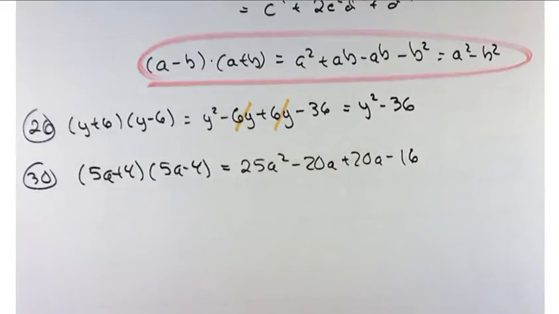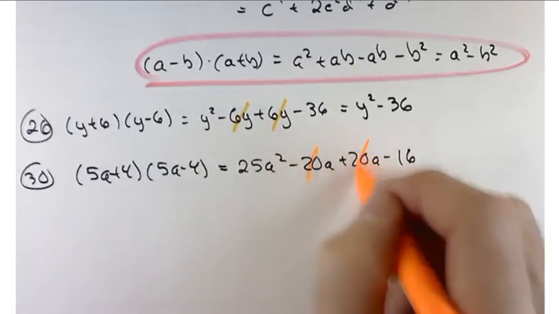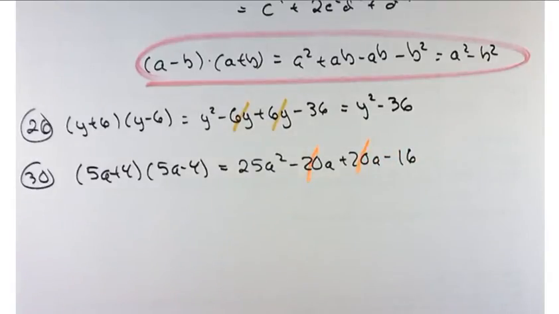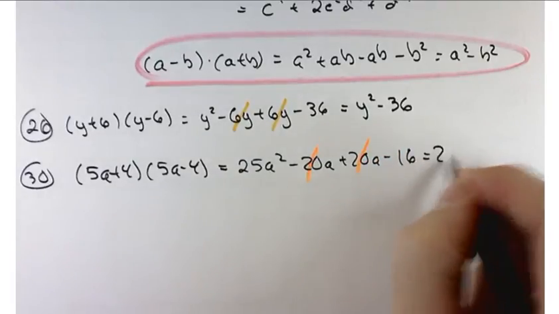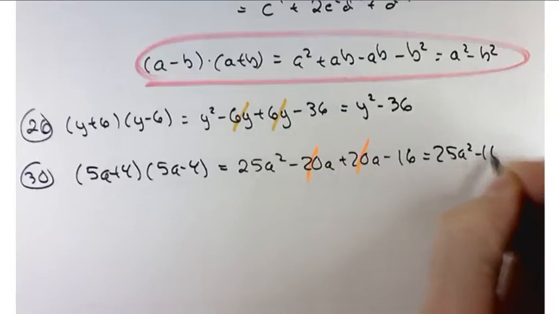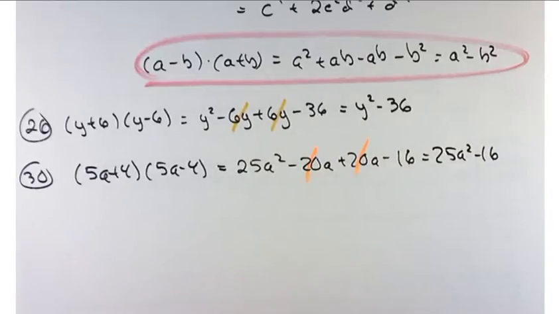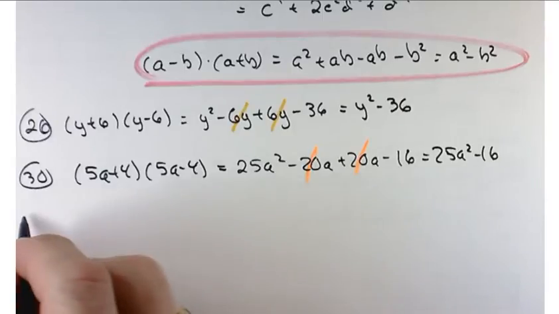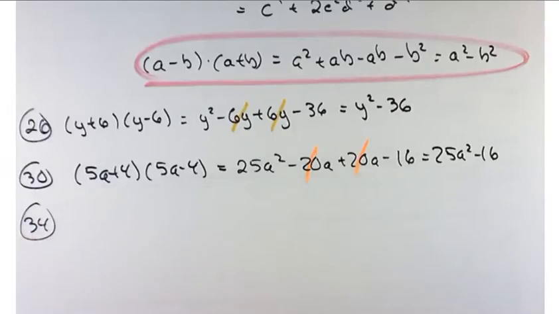Excellent. So, as before, the middle terms are going to cancel themselves out. And we get 25a squared minus 16. A couple more here to finish out the section.